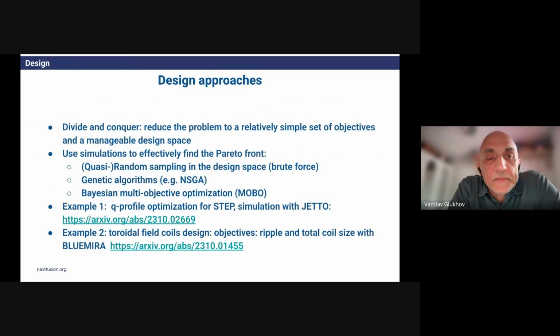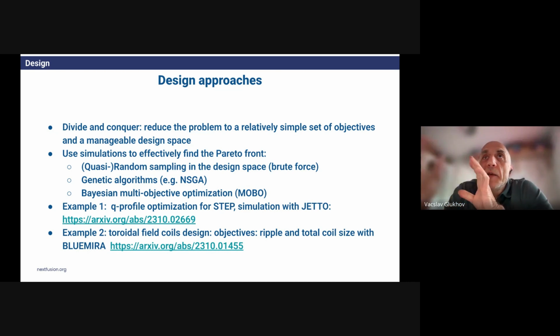This is a set of examples that I would like to cover. The way people approach that is that they take a partial problem. There's no way to actually design the whole tokamak, the whole machine with its thousands, tens of thousands of variables.